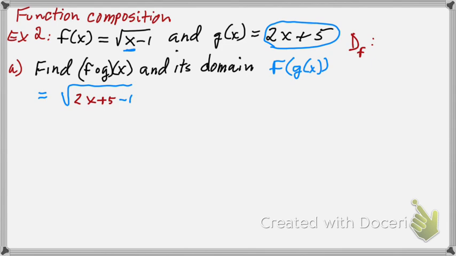No. So the domain of f now has to be at least as big as 1, and it could get bigger, like that. Right? Because if I send a 1 into f just by itself, I'm going to get 0 under the radical. That's okay. The domain of g. Any restrictions? No, g could be anything because it's just a straight line. All right, so I've got negative infinity, positive infinity.